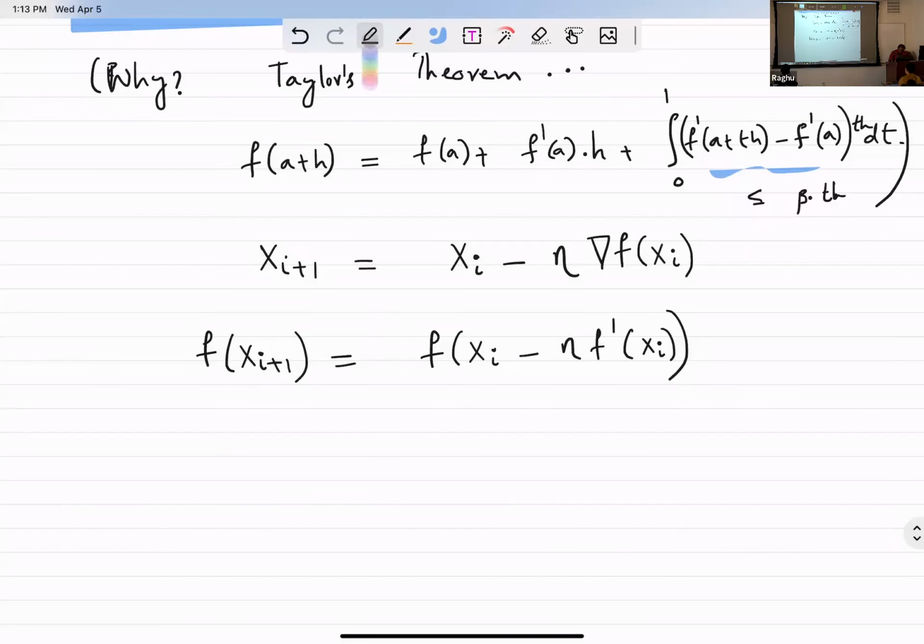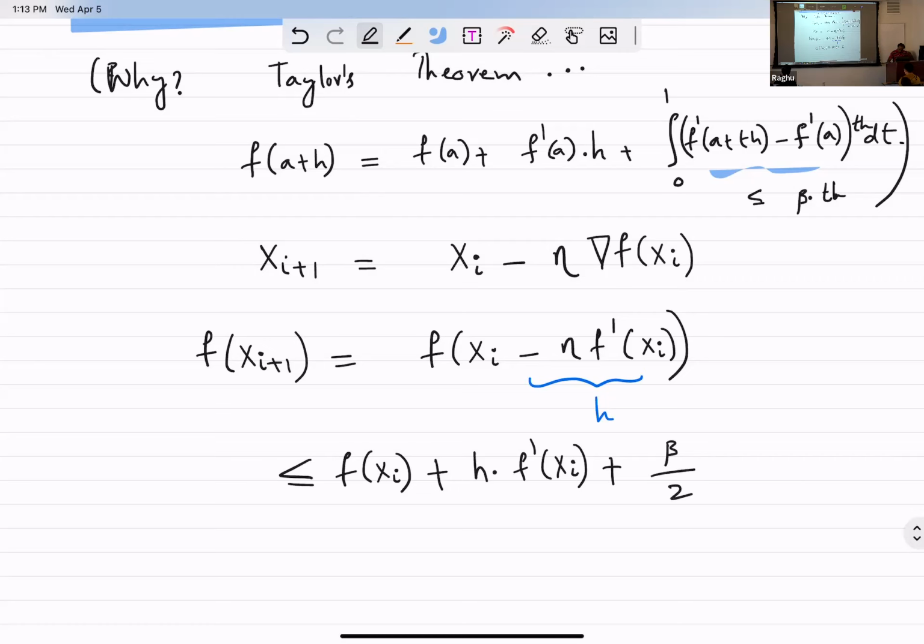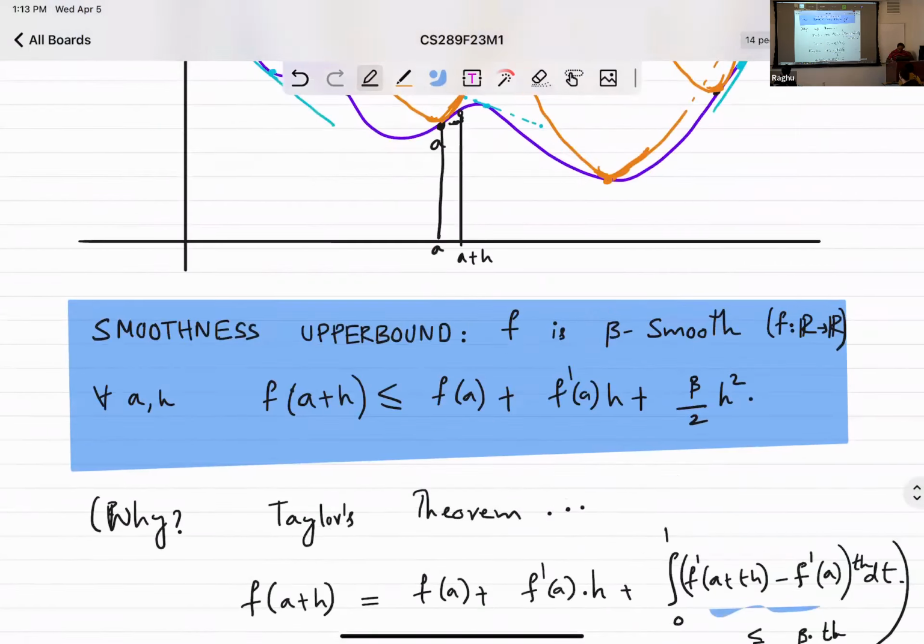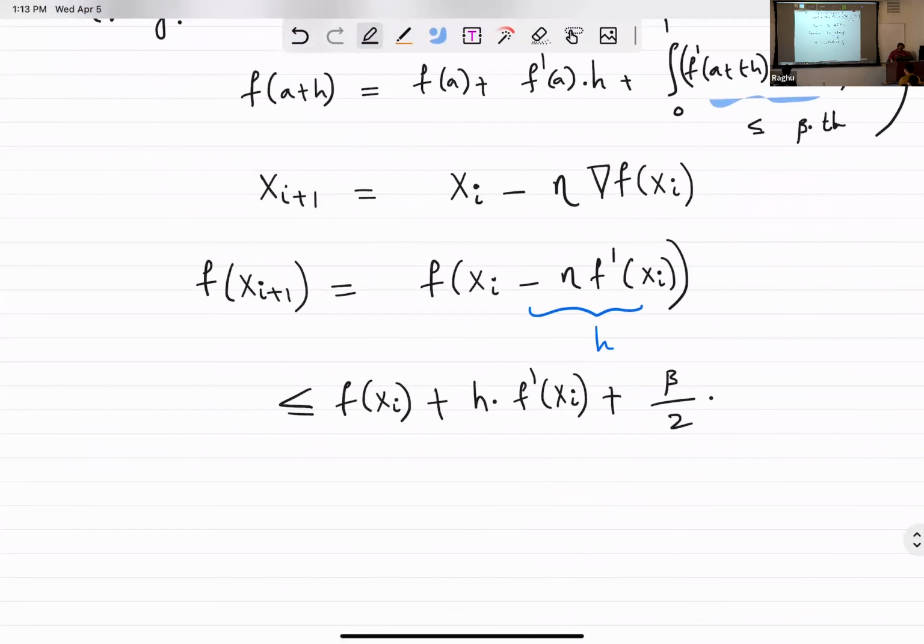This is like our h. I can use my smoothness upper bound to say this is at most f of xi plus h times f prime of xi plus beta over 2 times h squared.